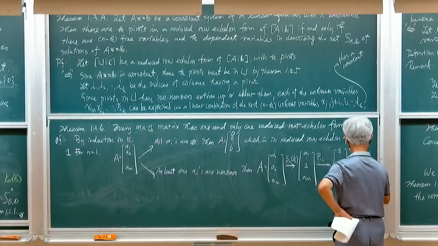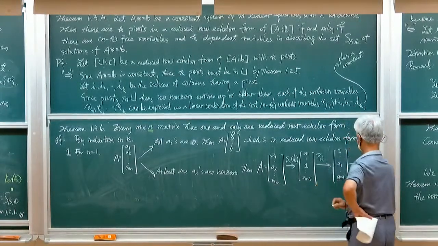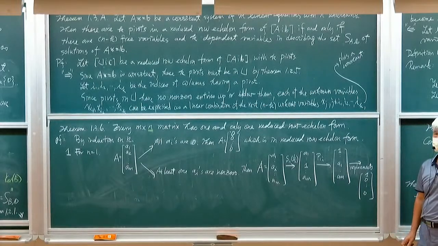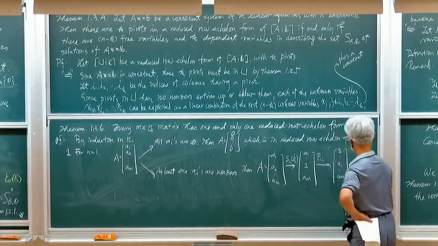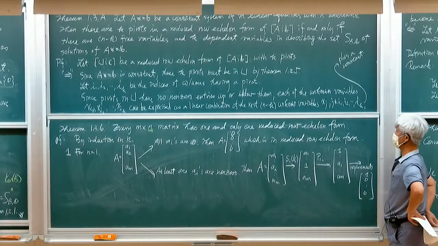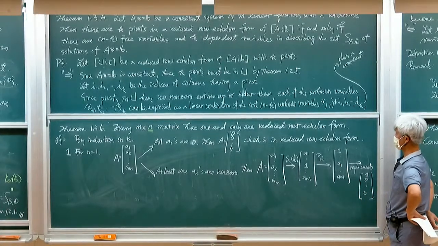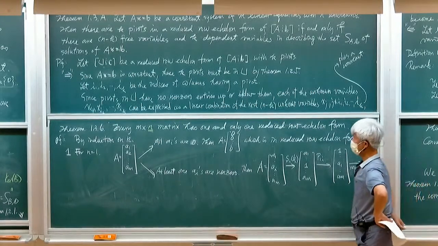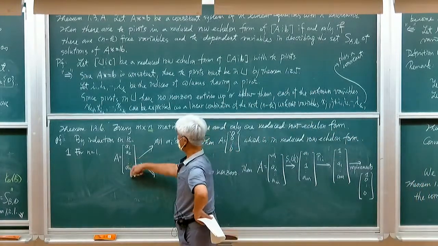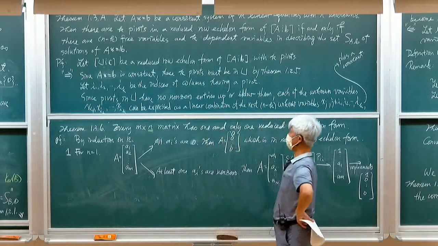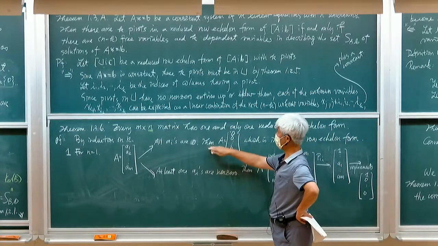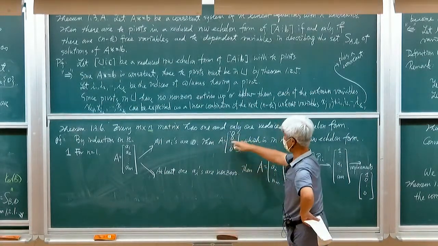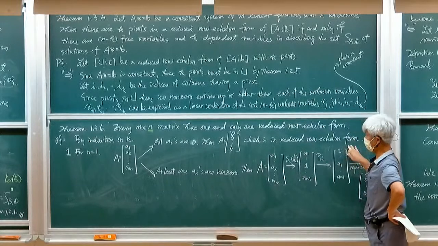So we get 1, 0, 0. So starting with an arbitrary m by 1 matrix, we have two cases to see. One is all 0, so the original matrix is already in reduced echelon form.